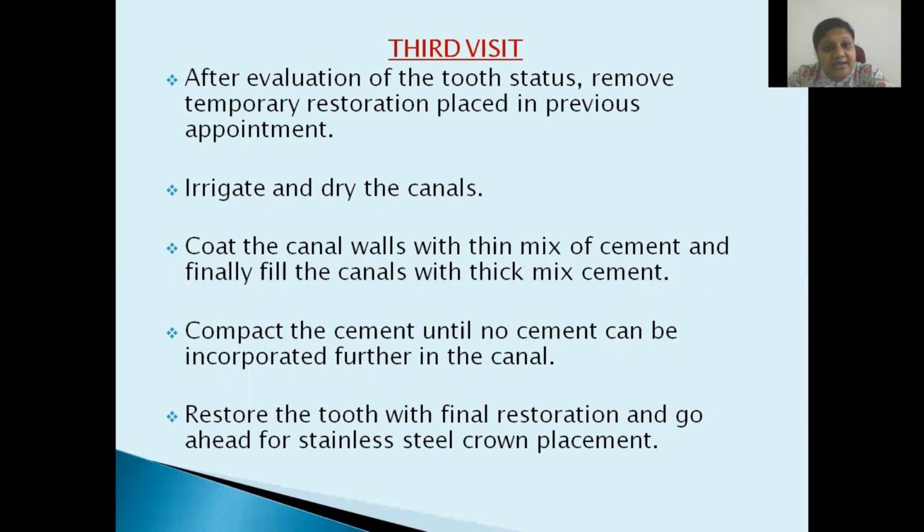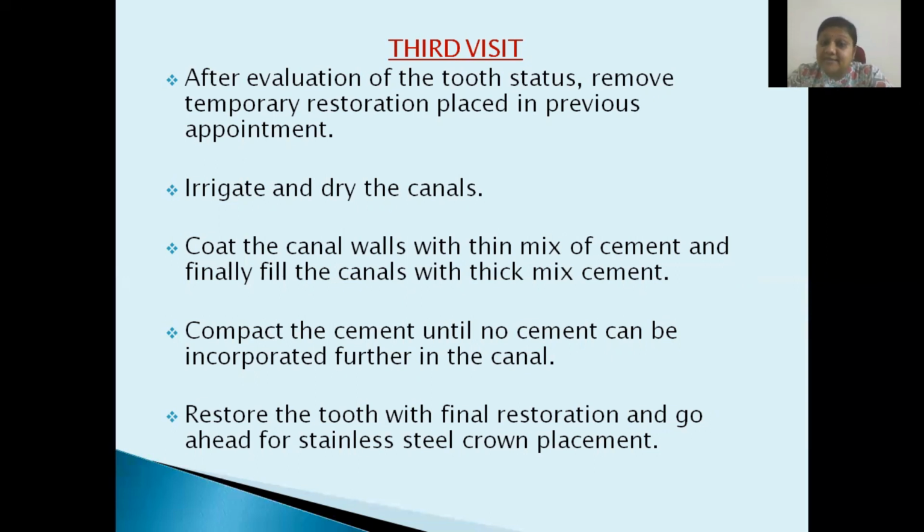We irrigate the canal with the help of irrigants and then dry the canals. We prepare a thin mix of zinc oxide eugenol or any other medicament or obturating material to be placed into the root canal. Then we coat that mix of the medicament, the canal sealers, with a thin mix of cement, and finally we fill the canals with thick mixed cement.